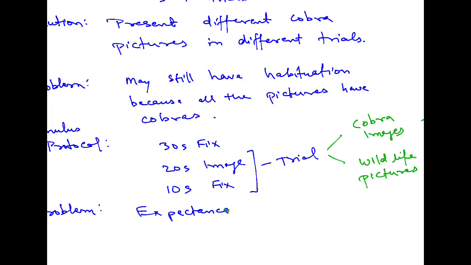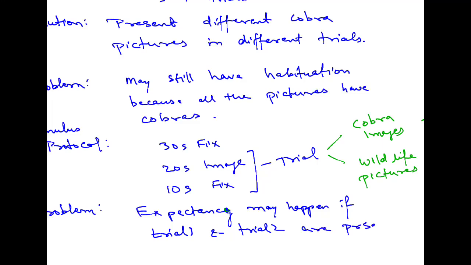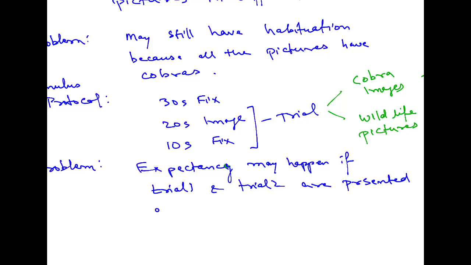So expectancy may happen if trial 1 and trial 2 are presented alternately. Okay, one after the other.